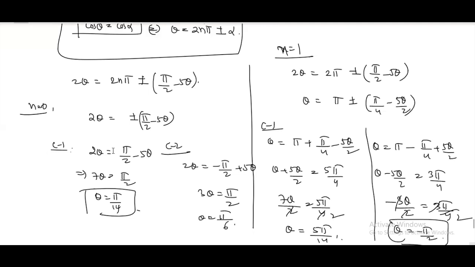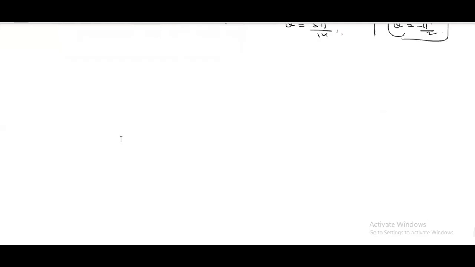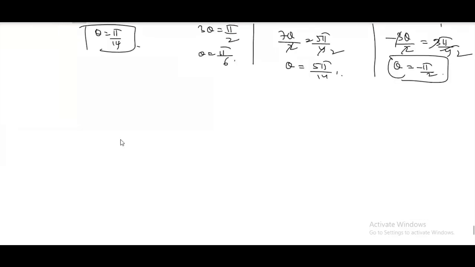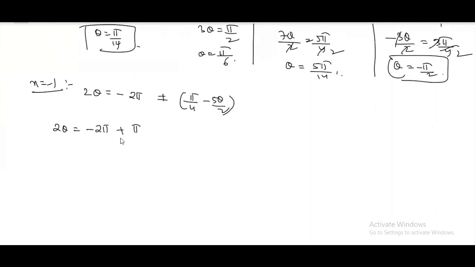So if I substitute n is equal to minus 1, what you'll get, 2 theta is equal to minus 2 pi plus or minus pi by 4 minus 5 theta by 2. When I take the positive, I'll get 2 theta is equal to minus 2 pi plus pi by 4 minus 5 theta only here, minus 5 theta.